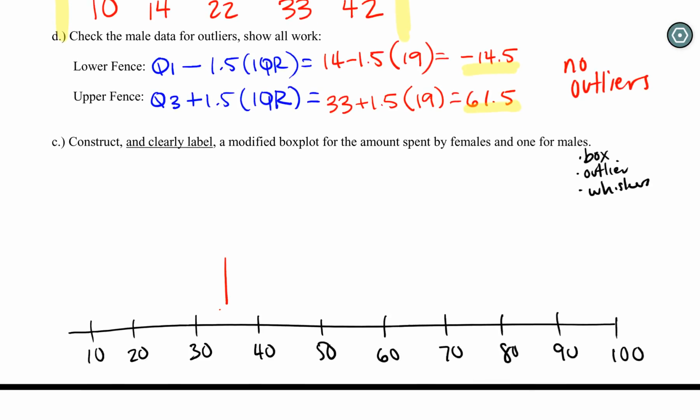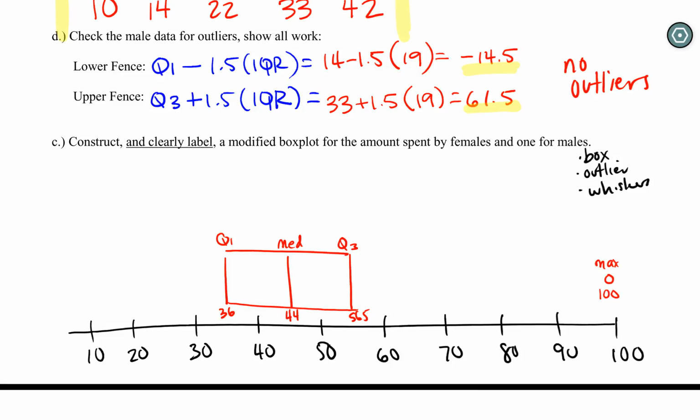So 36, 44, 56.5. That's our Q1, our median, and our Q3. Then we need to deal with our outlier. There was only one, and it was at 100. That's our max.